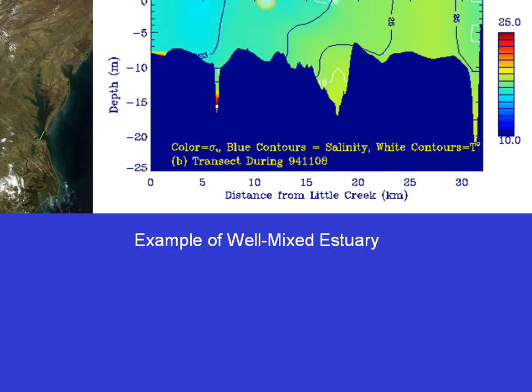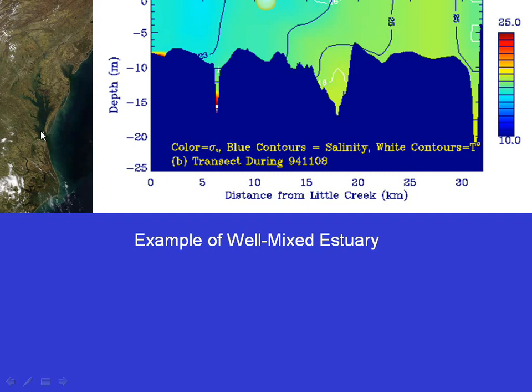And again, like I said, there are very few examples of this, but the Chesapeake Bay may behave like a well-mixed estuary in the fall when there's no fresh water input and when there's a lot of cooling and a lot of wind mixing. So this is the distribution of 3 variables that we're looking at. We're looking at a transect at the mouth of the Chesapeake Bay.